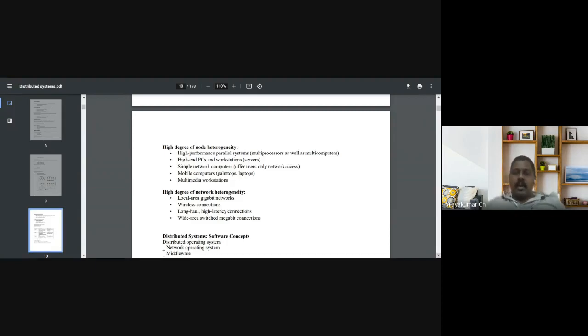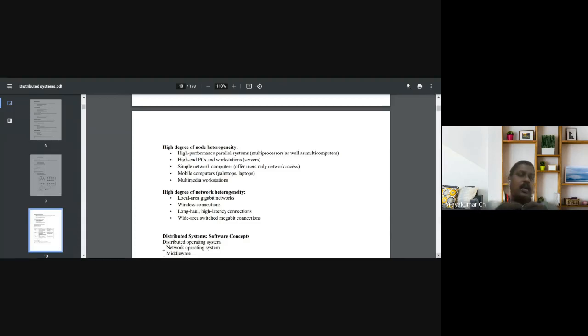Office users only have network access, simple network computers. Mobile network computers like palmtops or laptops. Next, multimedia workstations. We discussed node heterogeneity. Now we are discussing network heterogeneity.